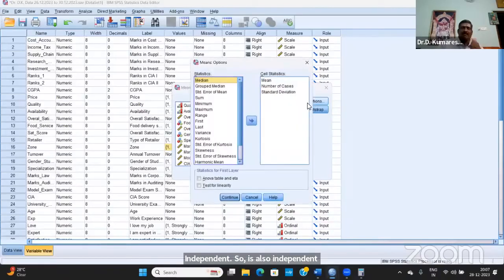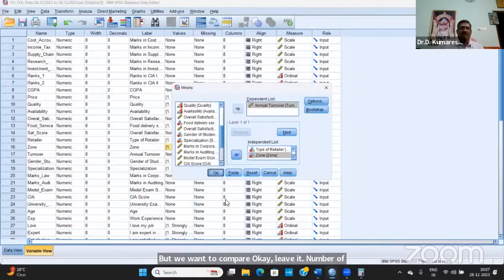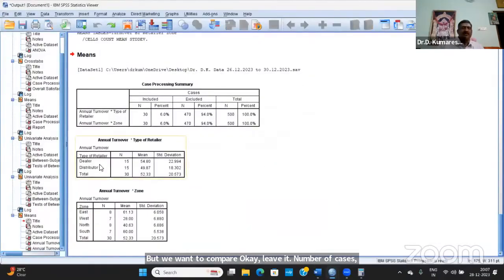What do we want to compare? Okay, leave it. Number of cases, mean and standard deviation. Click OK. Look at this table.